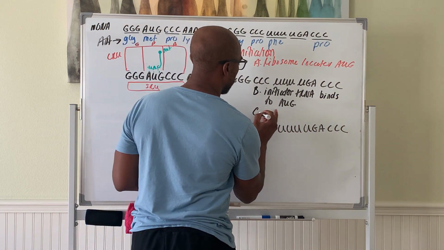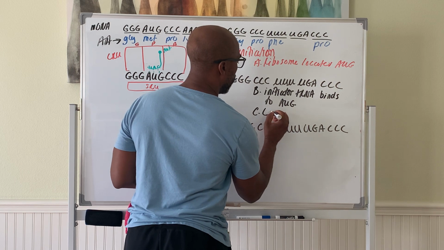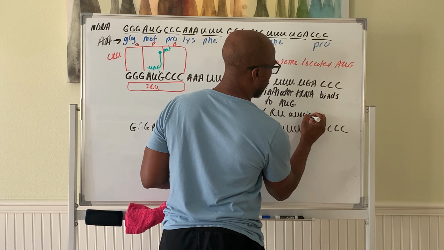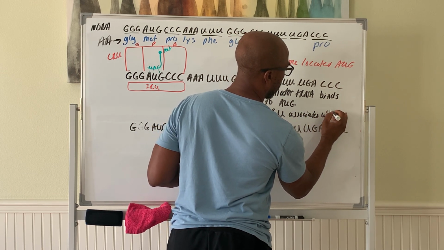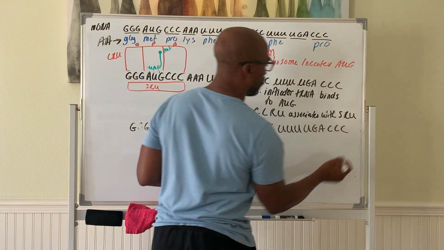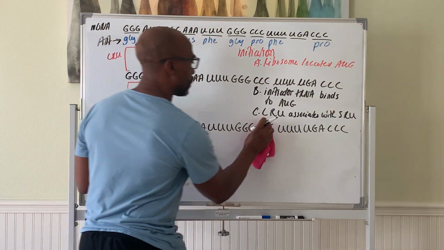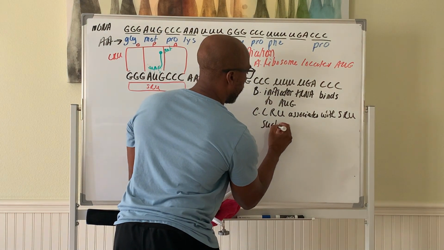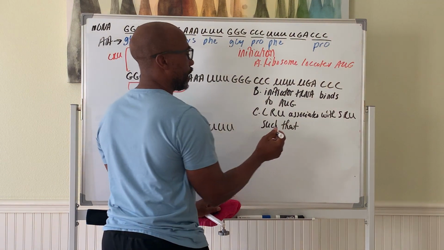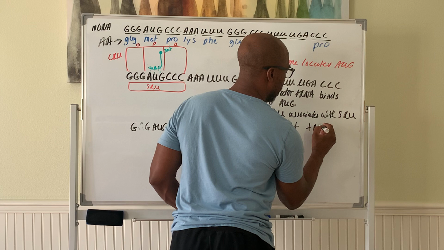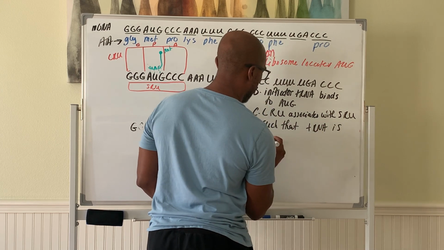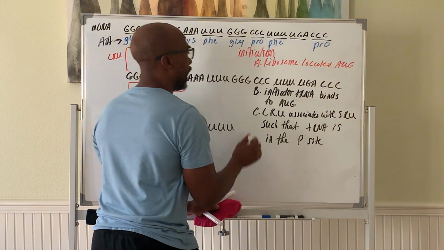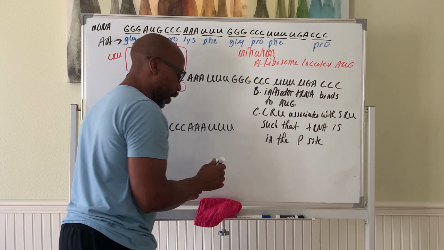And C, the large ribosomal unit associates with the small ribosomal unit, such that the tRNA is in the P site. These 3 steps are what is initiation.